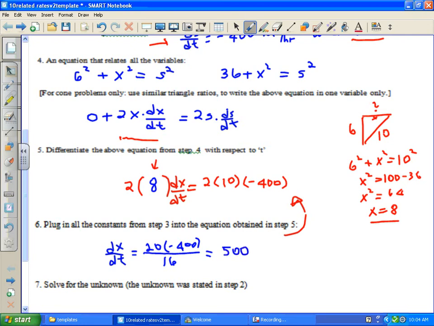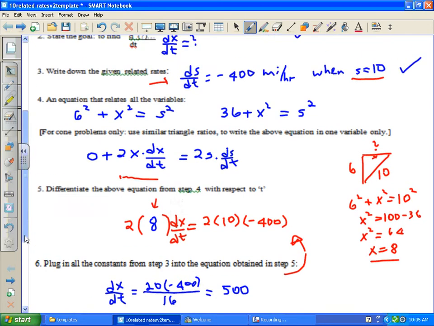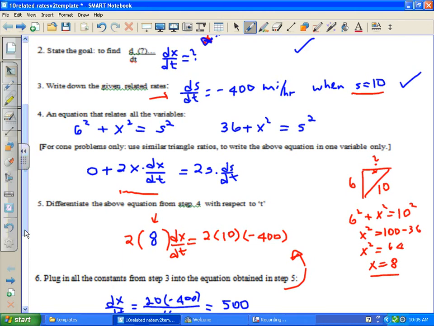And what will the units be for this? dx over dt should be units for x divided by units for t. So what were the units for x here? For distance, what units did we use so far? Miles, and for time we used hours.